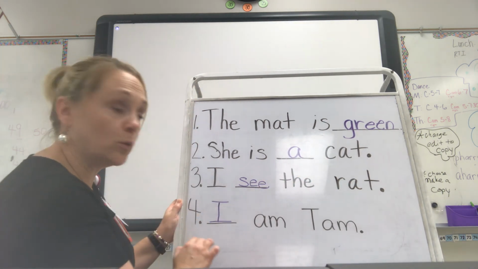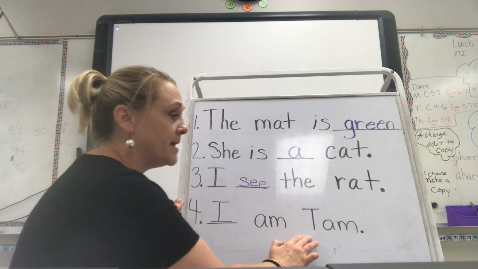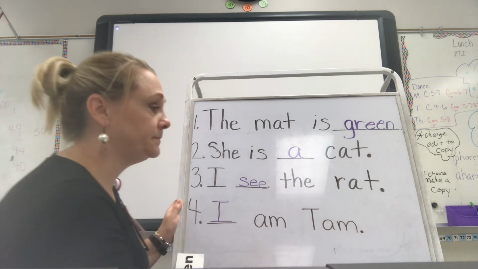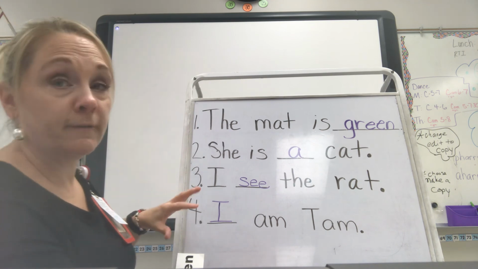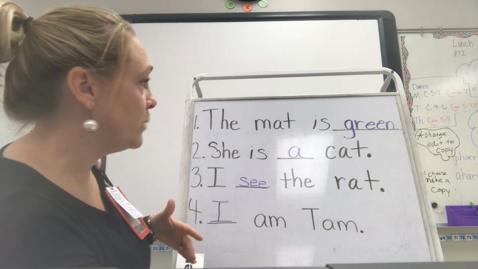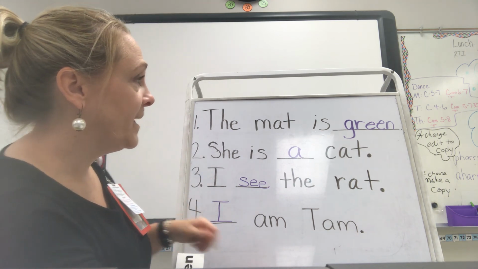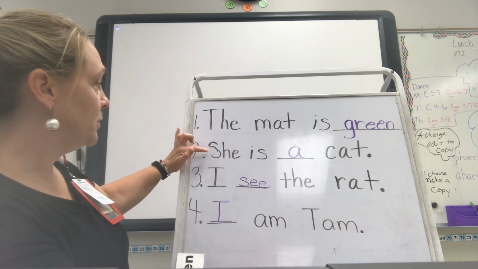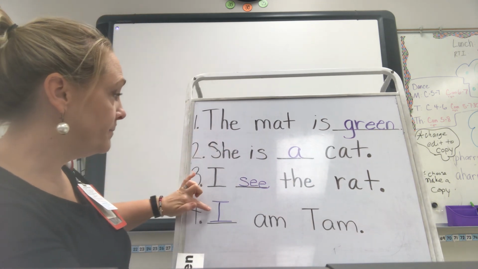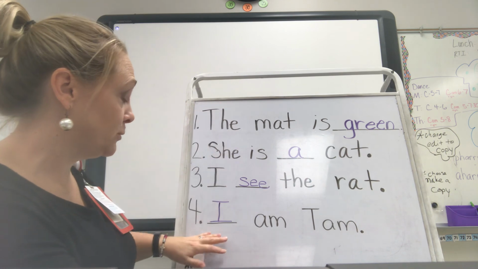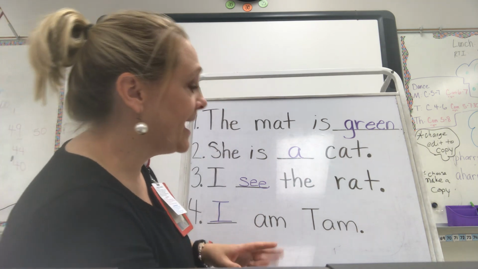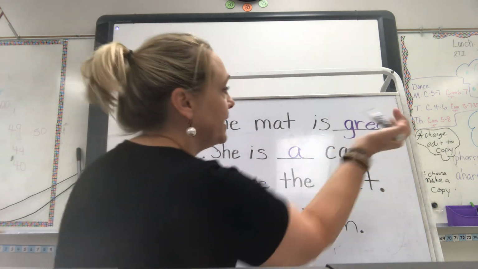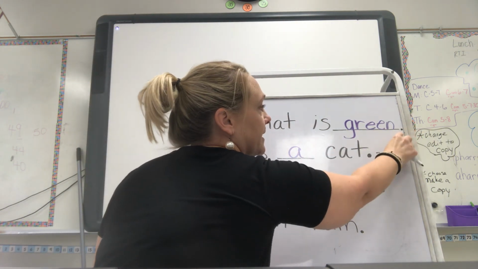And then number 4, I am Tam. So each of these sentences has one of our new high frequency words for the week. And they all begin with an uppercase letter because it's the first word in the sentence. They all tell a complete idea, and they all end with a punctuation mark called a period.